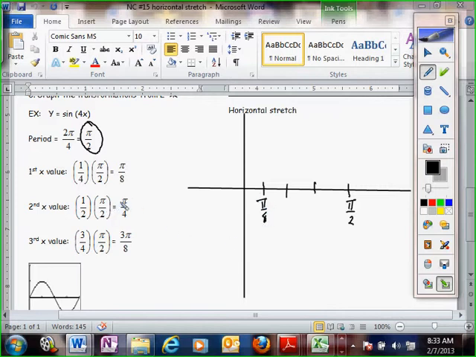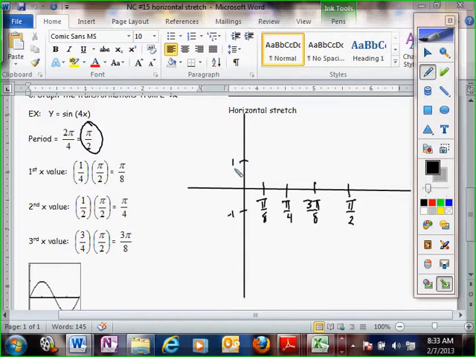And then the middle part, I multiply it by half, and I get that to be pi over 4. And then the third value, I get that by multiplying the period by 3/4, which is 3 pi over 8. Now I have my graph set up, and since I have sine x, I would do sine this way.